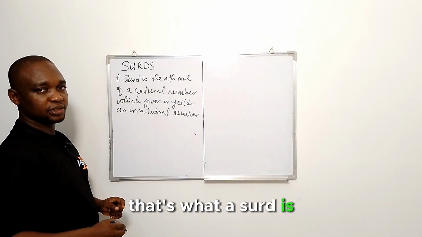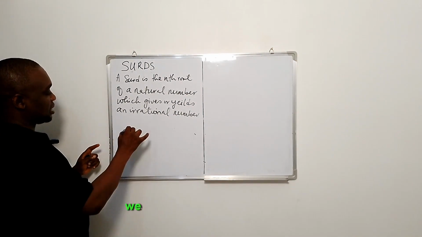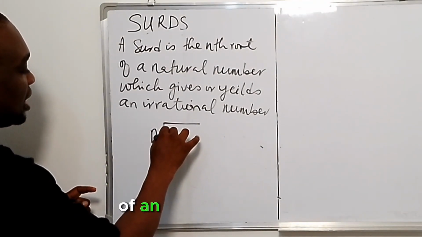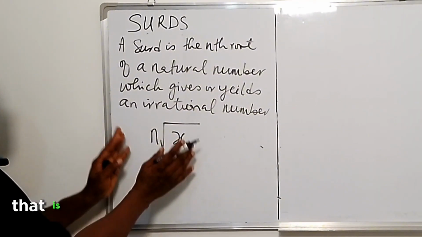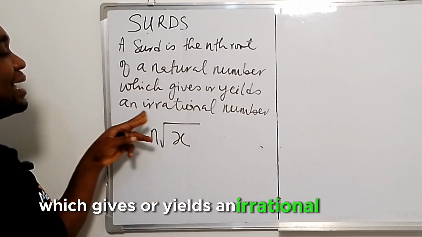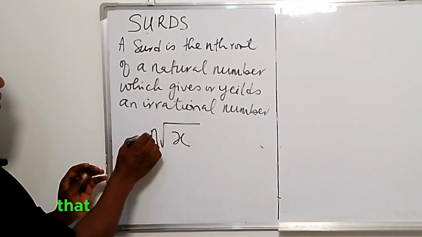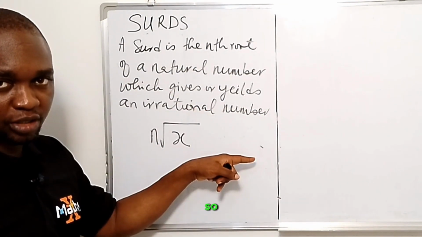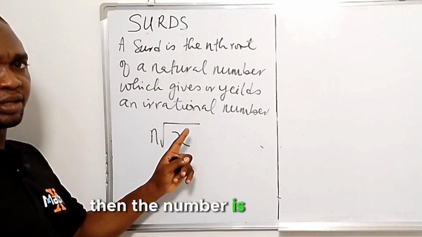That's what a surd is. Going by this definition, we have the nth root of an expression like x, and the result must be what? Irrational. If the result gives you a rational result, then the number is not a surd.